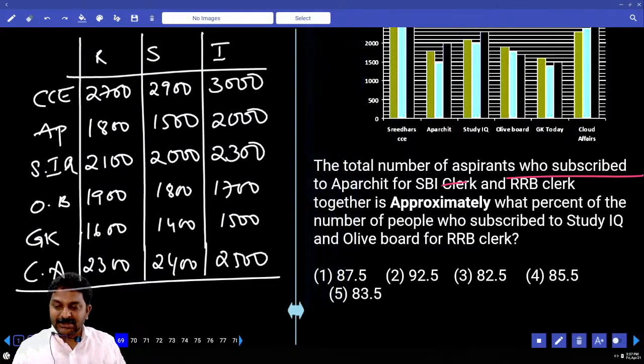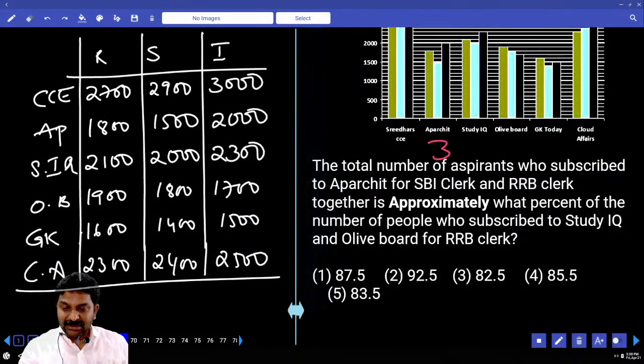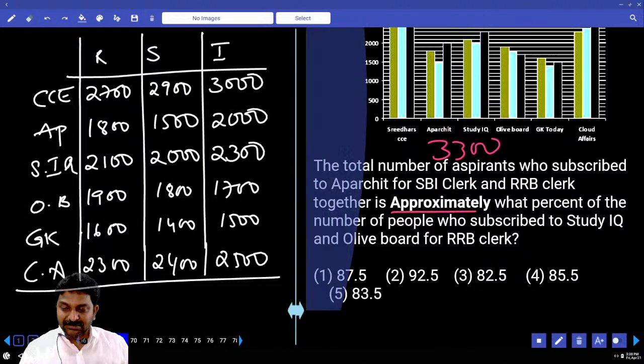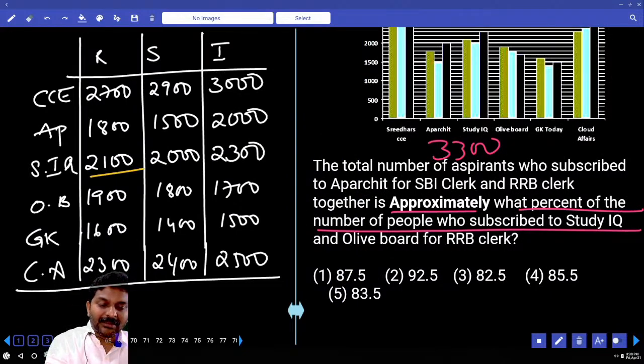Total number of aspirants who subscribe to Aparichit for SBI clerk, RRB clerk. SBI and then RRB. These two only. What is sum of those two? 3,300. So 3,300 is approximately what percent of number of people who subscribe to Study IQ and Alive Board for RRB clerk? Sum of these two numbers.